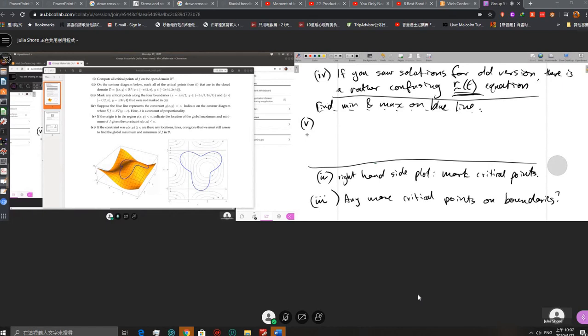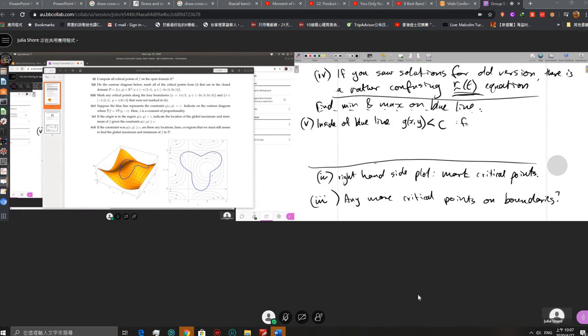If the origin is in the region g of xy being less than c, so that means the inside of the blue line is g of xy being less than c, then find the global minimum and maximum inside there.